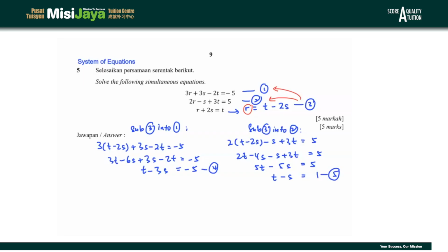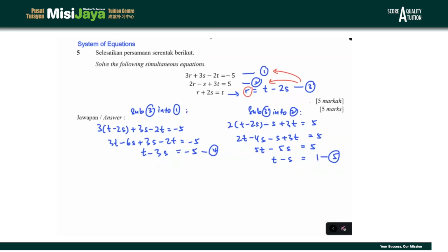Okay, equation 5. Now let's look at equation 4 and 5. We can actually do normal simultaneous equation to eliminate the t. So I can use 4 minus 5, and I will get the value of s. I will do it like that, easy for you to see, students. So t minus s equals to 1.